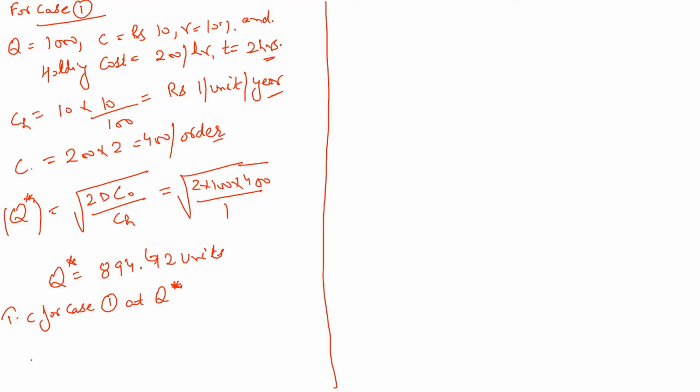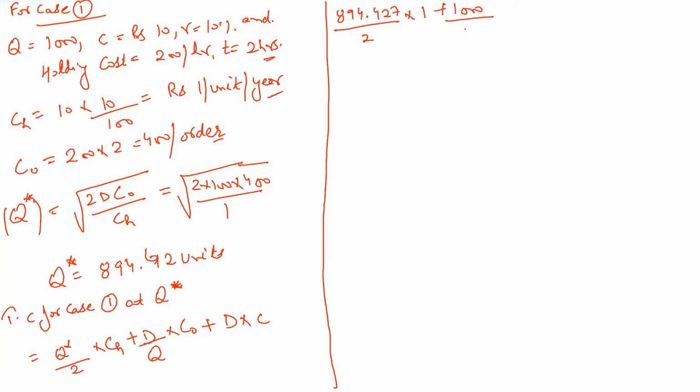It would be Q star by 2 into CH plus D by Q into C naught plus purchasing cost, which is D into C. So it would be 894.427 divided by 2 multiplied by 1, plus 1000 divided by 894.427 into 400, plus 1000 into 10.